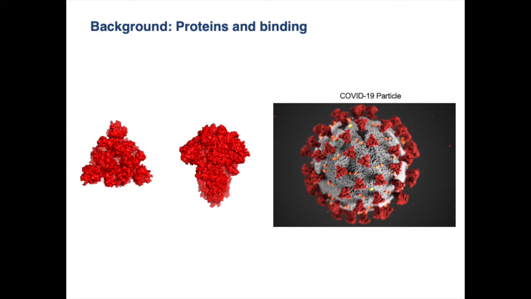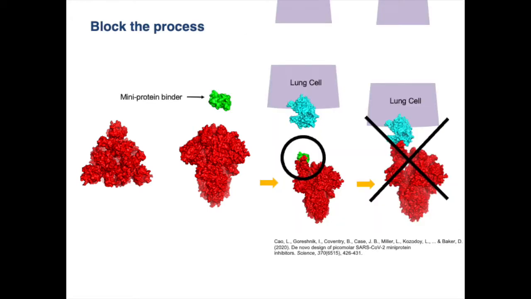So when COVID-19 occurred a year or so ago, we knew that this was a virus that has the COVID spike protein that is able to enter cells by binding to ACE2, which is a surface protein.